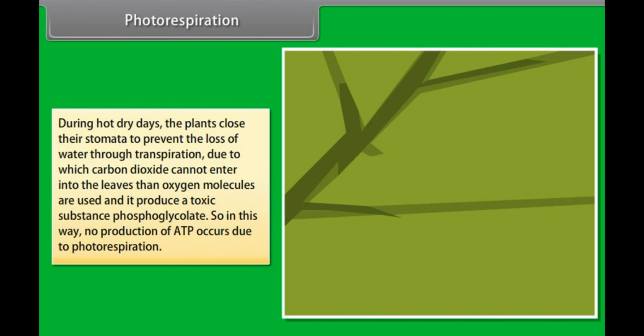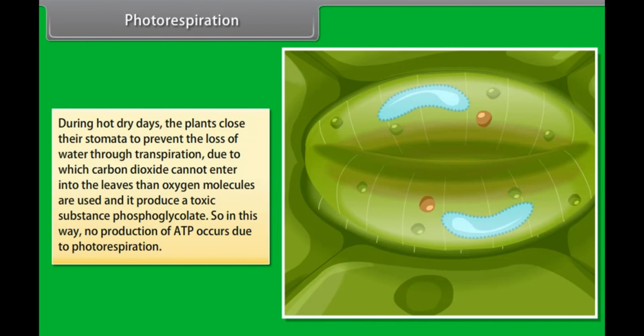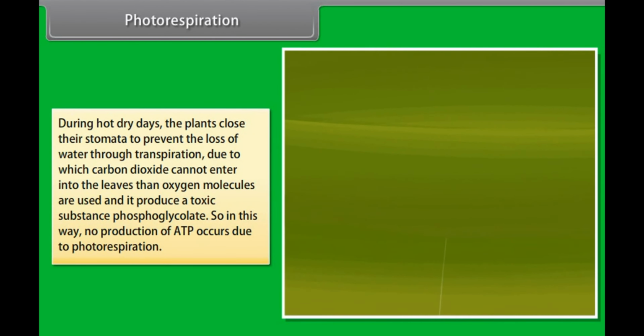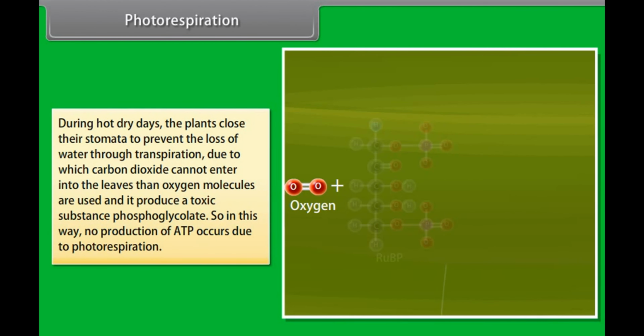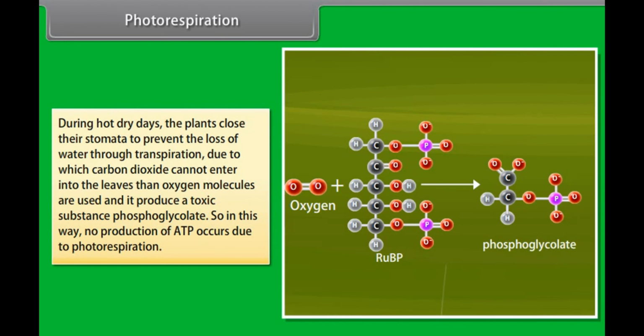During hot, dry days, the plants close their stomata to prevent the loss of water through transpiration, due to which carbon dioxide cannot enter the leaves, so oxygen molecules are used, and it produces a toxic substance, phosphoglycolate. So, in this way, no production of ATP occurs due to photorespiration.